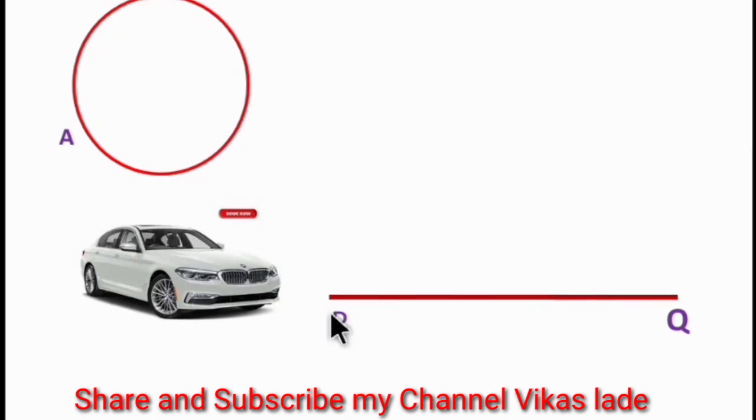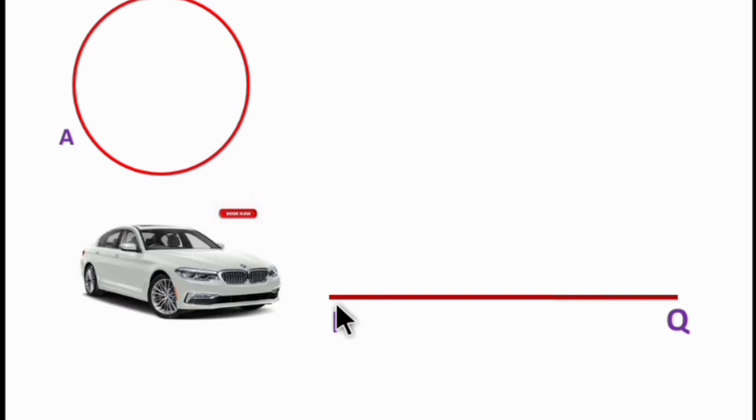The car starts from point P and goes to point Q. This distance is 360 meter, and coming back from Q is 360 meter. So total distance traveled by the car is 720 meter, and its displacement is 0 because the starting point is P and the finishing point is P. So its displacement is 0 meter.